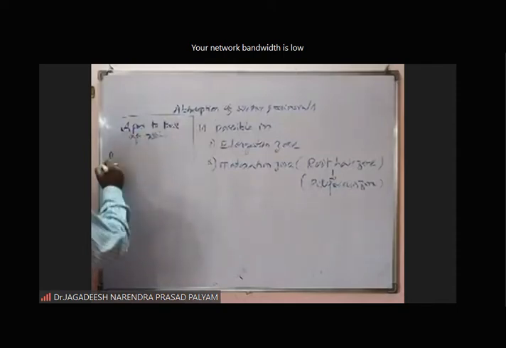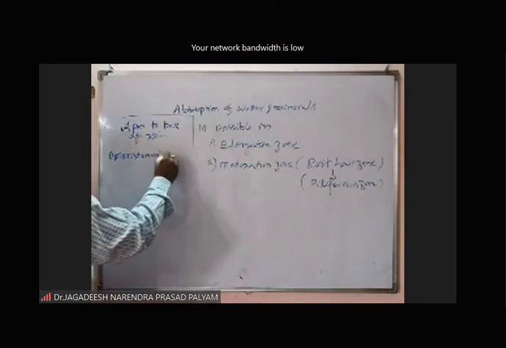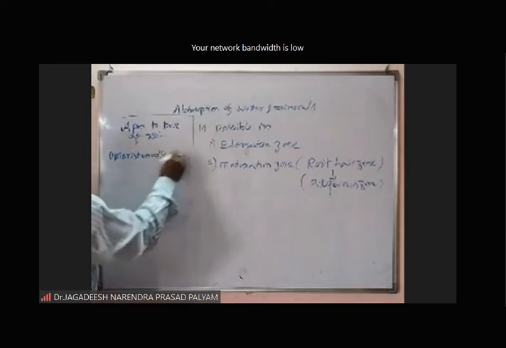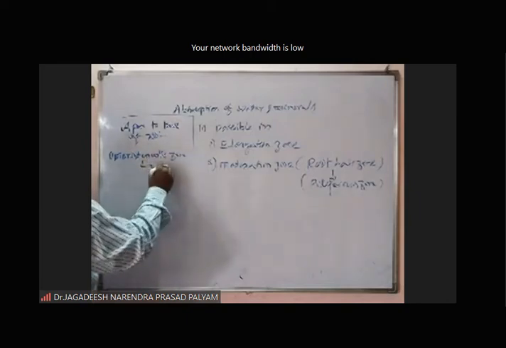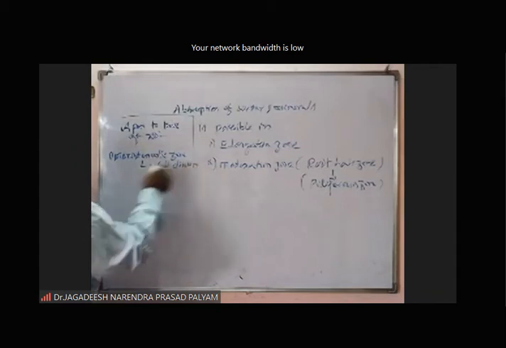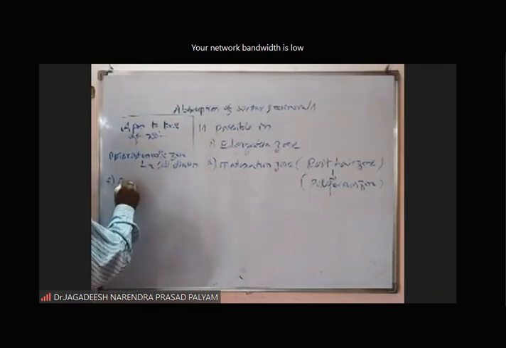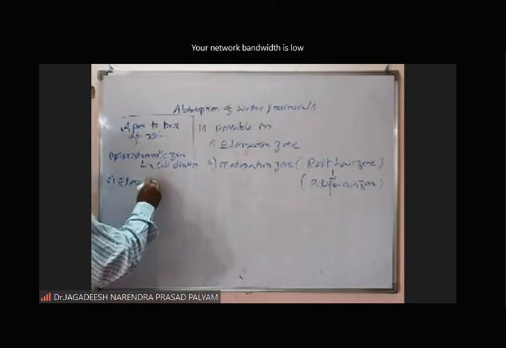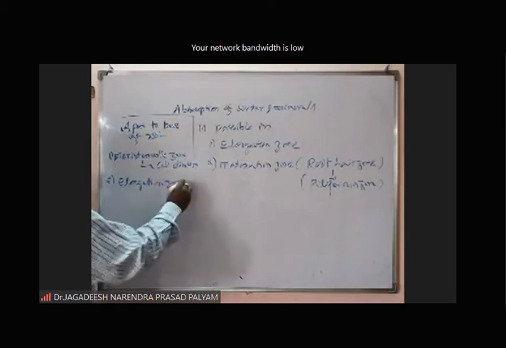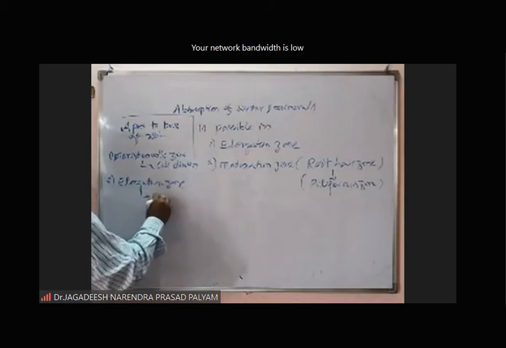First, meristematic zone. Here cell division takes place. Next, elongation zone. Cell elongation occurs.